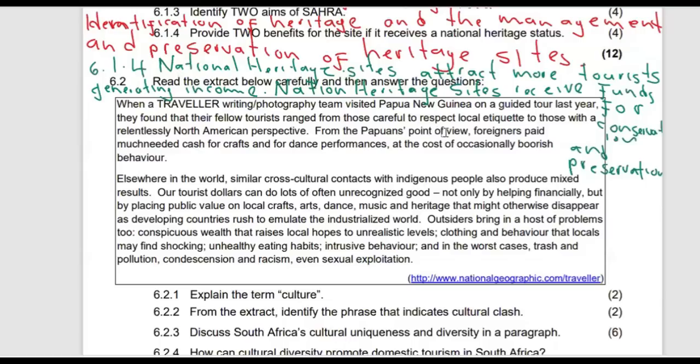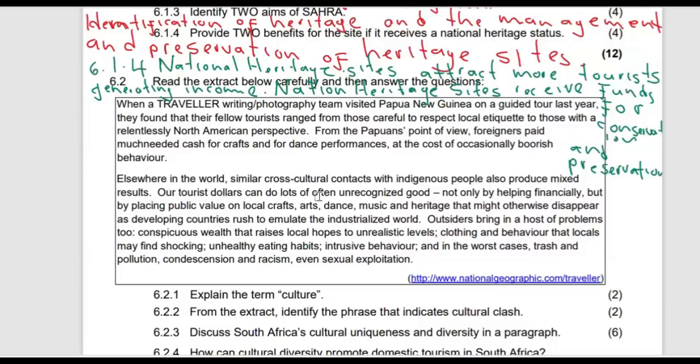From the Papuans' point of view, foreigners paid much needed cash for crafts and for dance performances at the cost of occasionally boorish behavior. Elsewhere in the world, similar cross-cultural contacts with indigenous people also produce mixed results.